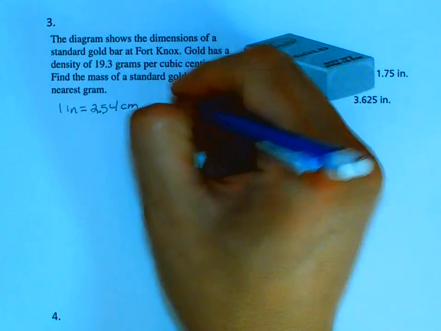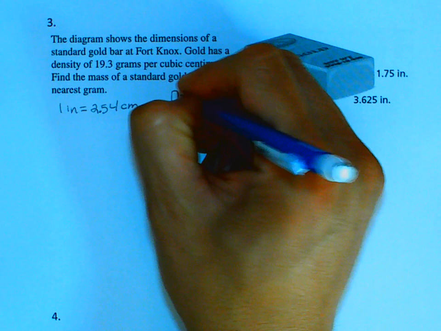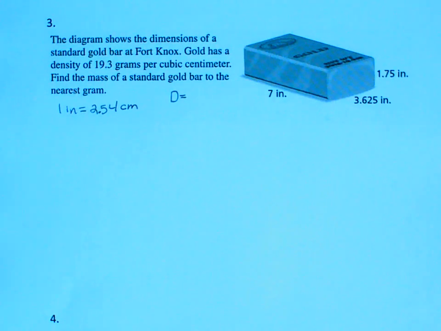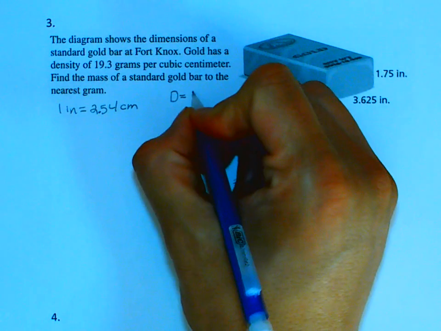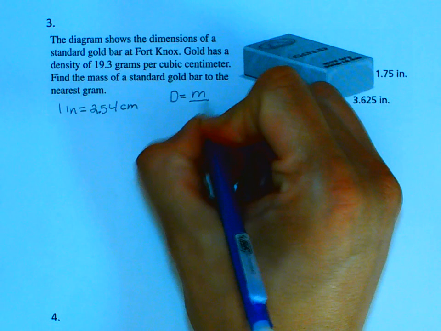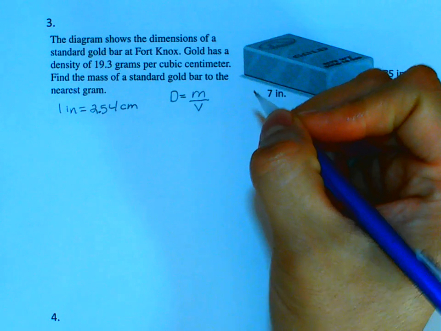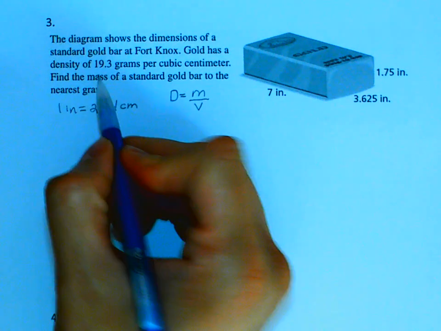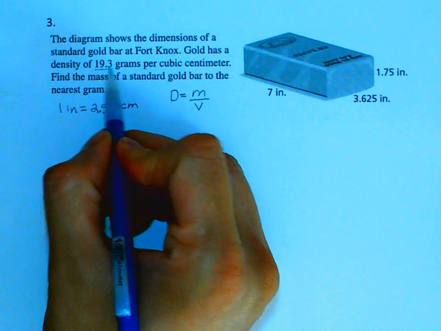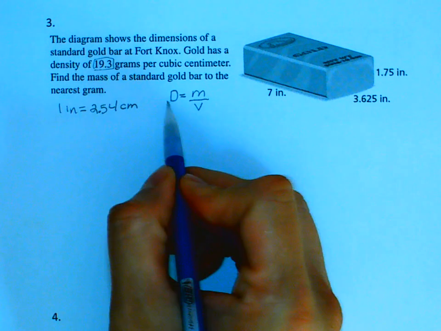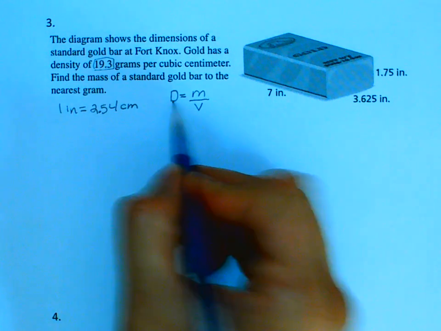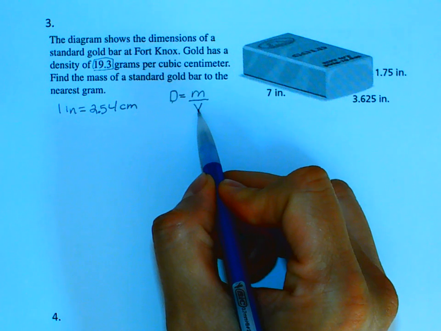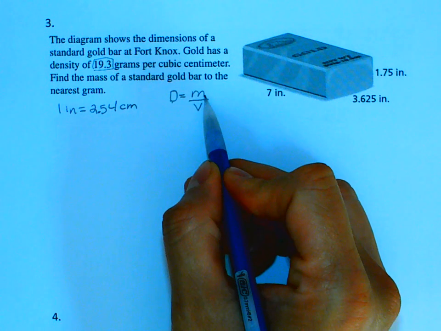And we also need to know the equation for density. Now, density is the mass of the object divided by its volume. So in this case, we are given this 19.3 to be this one. We can calculate the volume, and then all we have to do is find out the mass.